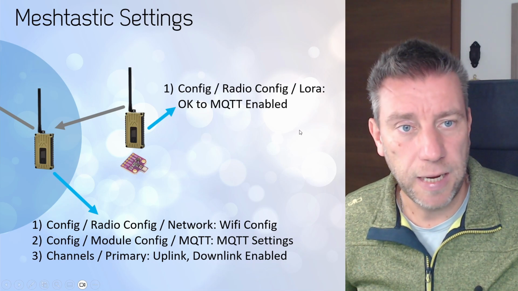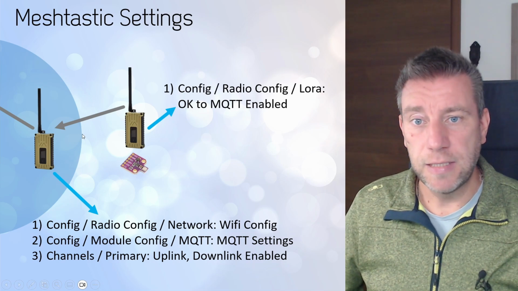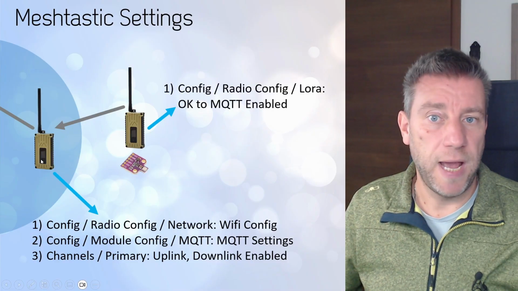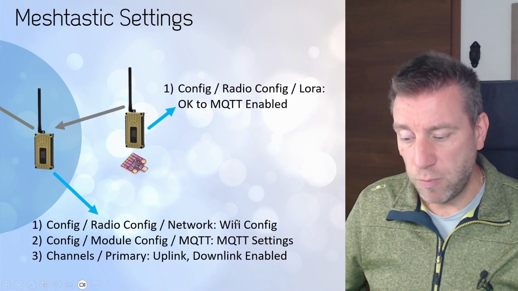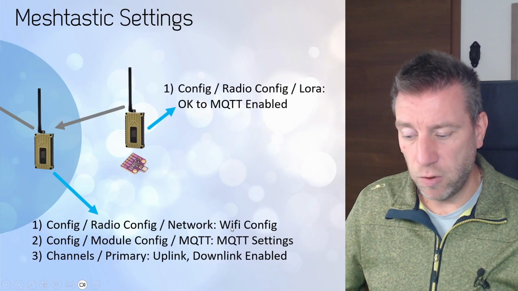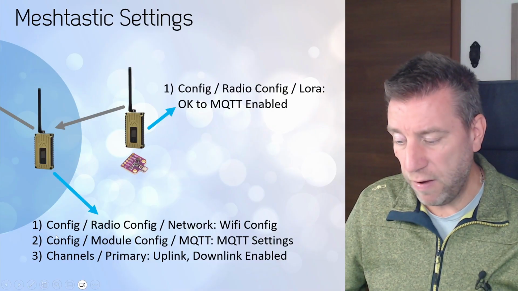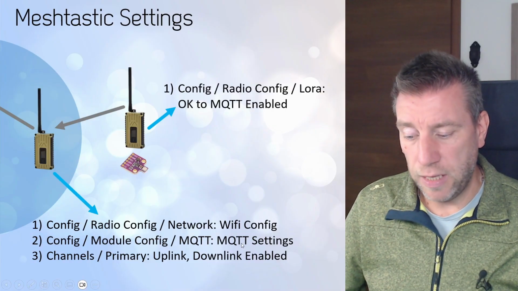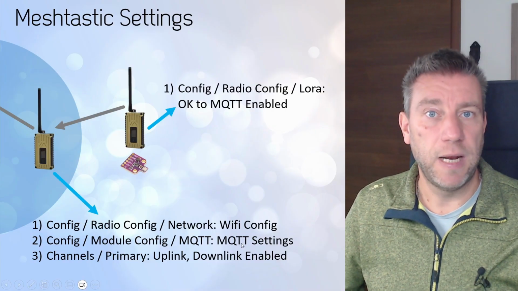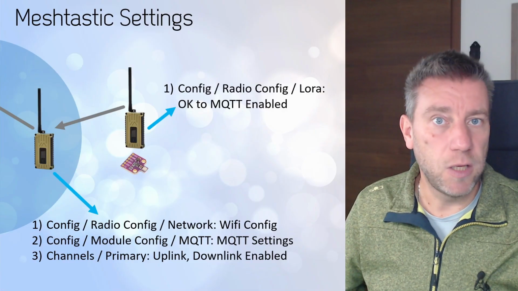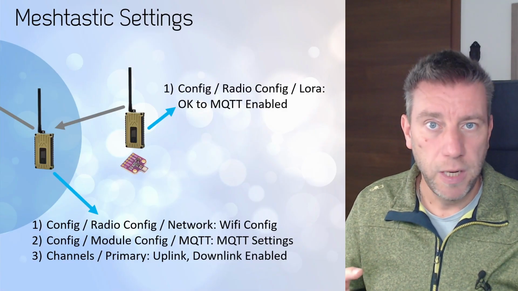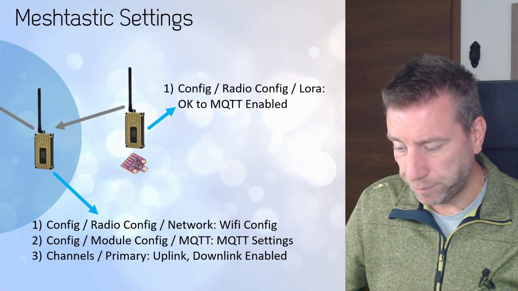So the first thing we need to do, and I'm going to show you all these steps a little bit later on the phone as well, is configure the node which has the Wi-Fi coverage. It needs to be connected to the Wi-Fi network, so it needs to be configured for Wi-Fi. Also, in the module settings, you can set up the MQTT connection, so it's the usual stuff like the broker address, user ID and password.